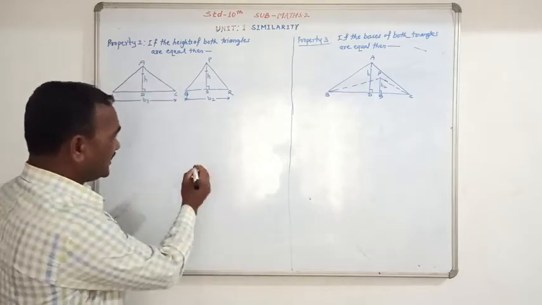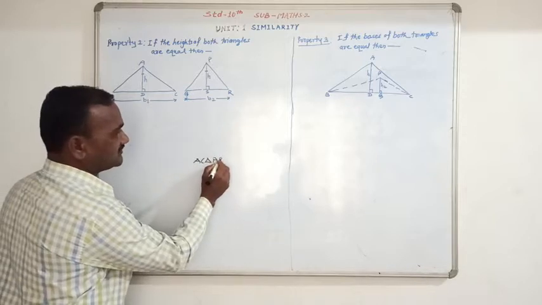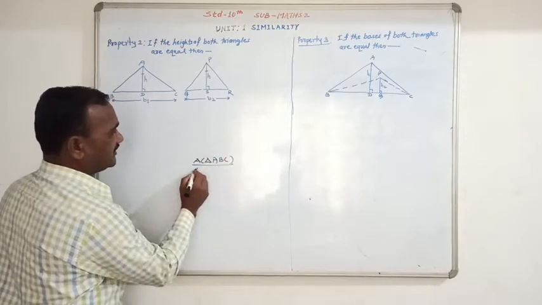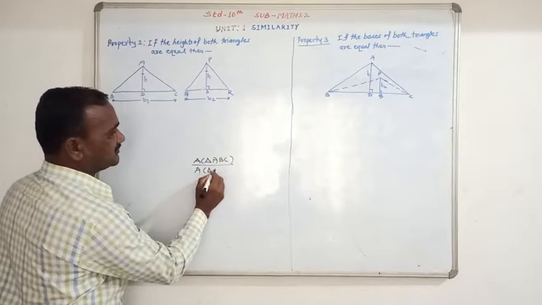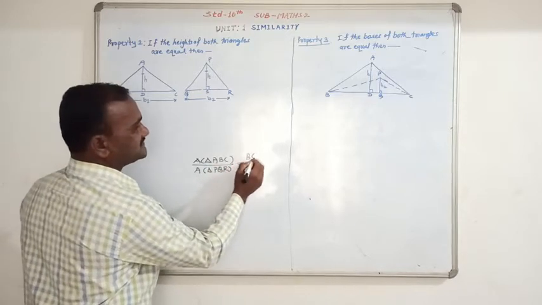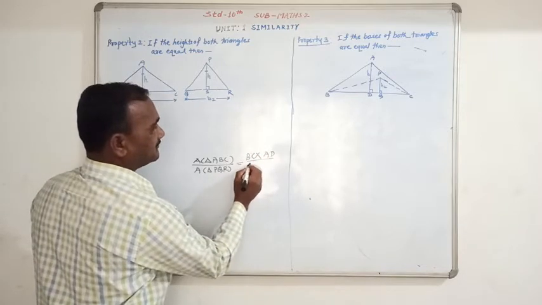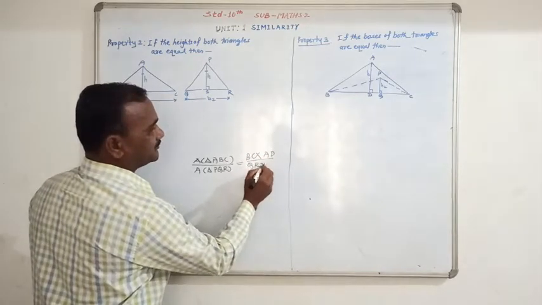That is, area of triangle ABC divided by area of triangle PQR is equal to BC into AD divided by QR into PS.